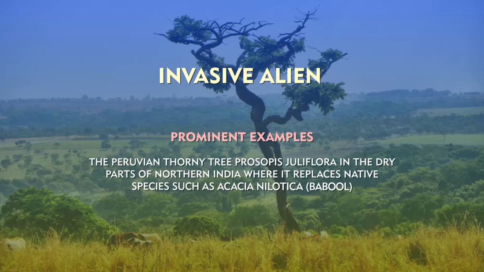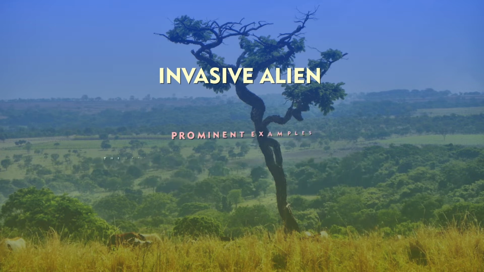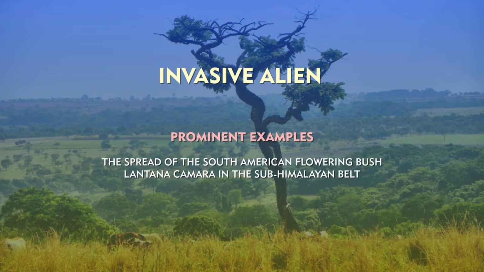The introduction of exotic species by man also results in habitat degradation, thereby leading to loss of native species. Some prominent examples are the spread of the Peruvian thorny tree, Prosopis juliflora, in the dry parts of northern India, where it replaces native species such as the babul tree, Acacia nilotica, and the spread of the South American flowering bush Lantana camara in the sub-Himalayan belt. These are examples.